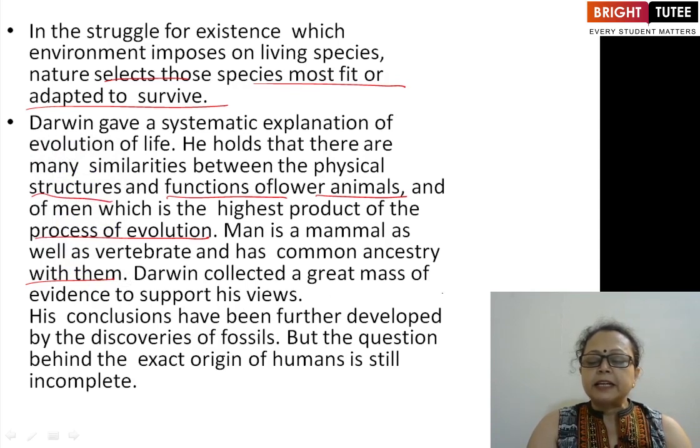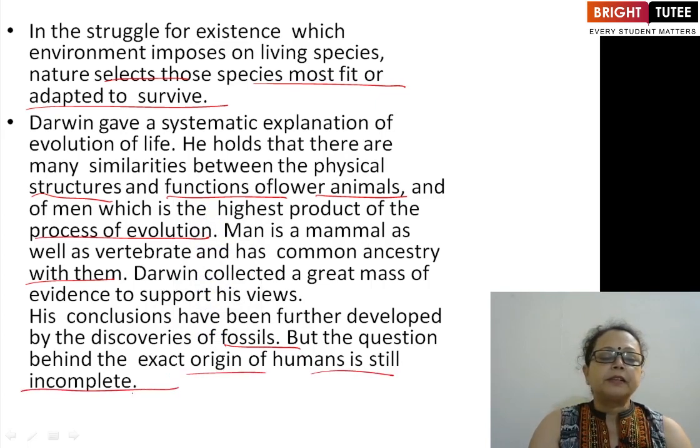Darwin collected a great mass of evidence to support his views. His conclusions have been further developed by the discoveries of fossils. But the question of the exact origin of humans is still incomplete.